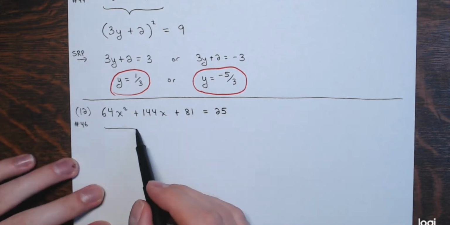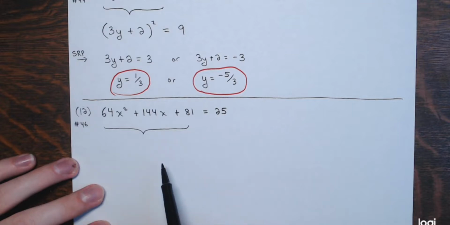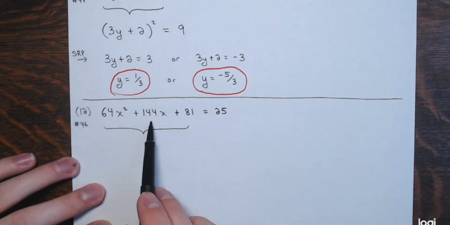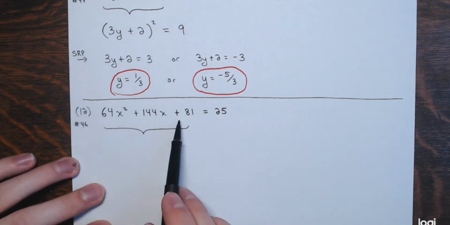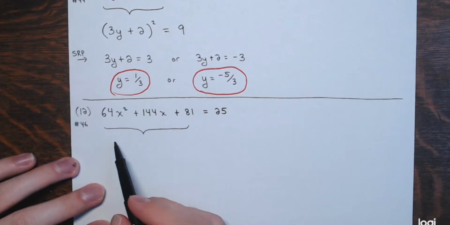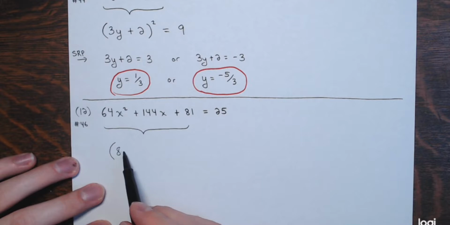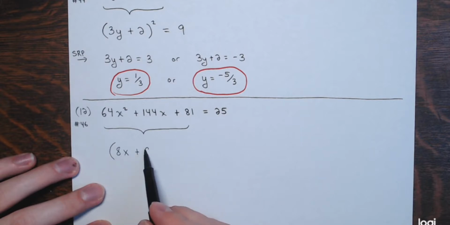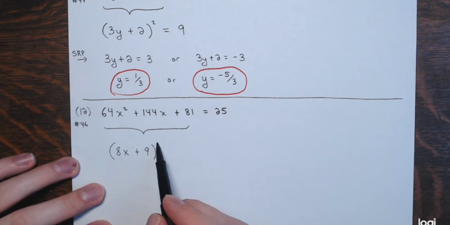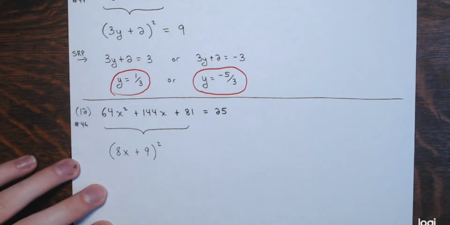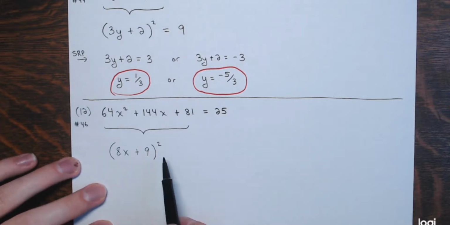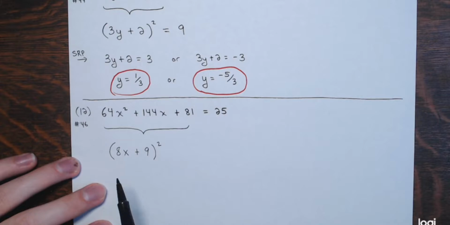But this expression on the left side, 64x squared plus 144x plus 81, is another one of those perfect square trinomials. This is actually 8x plus 9 squared. And you can check that out. Take 8x plus 9 times 8x plus 9 and FOIL.